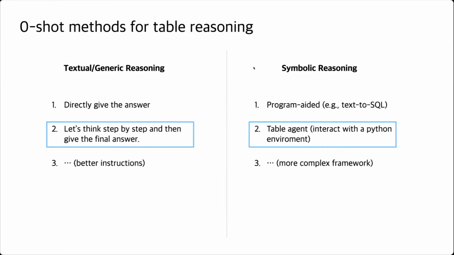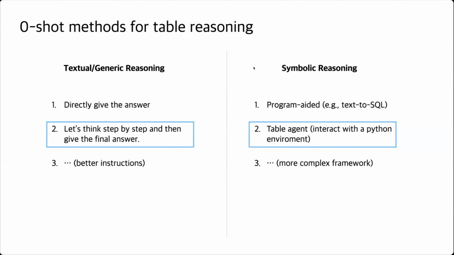For example, for textual reasoning, one might generate an answer directly without any reasoning, or prompt the model to engage in CoT reasoning by adding an instruction like think step by step. More complex instructions could also be used to achieve more detailed or refined reasoning.